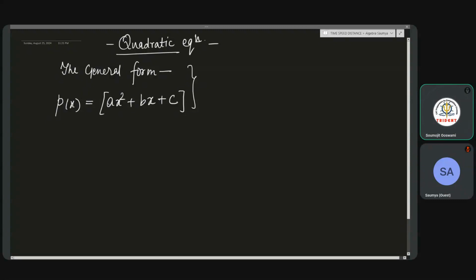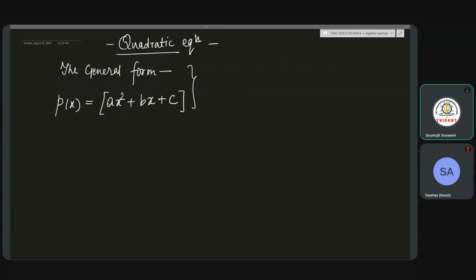Obviously it would become much easier for me to explain if I have some values with me. But before that, let me just quickly see if I have the questions there, or if I have to generate the questions.